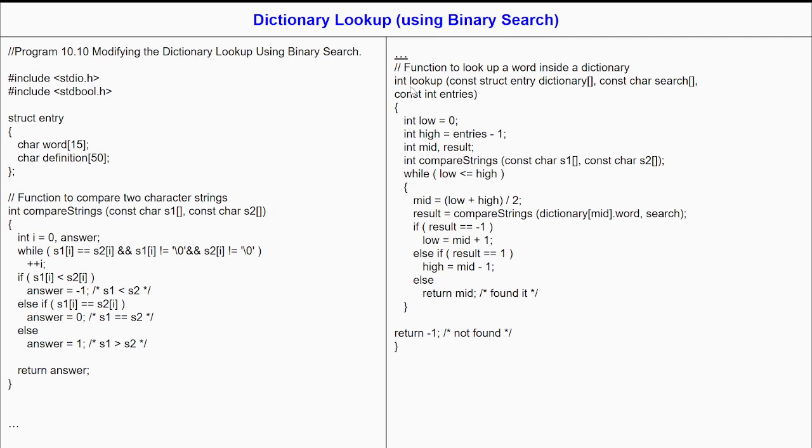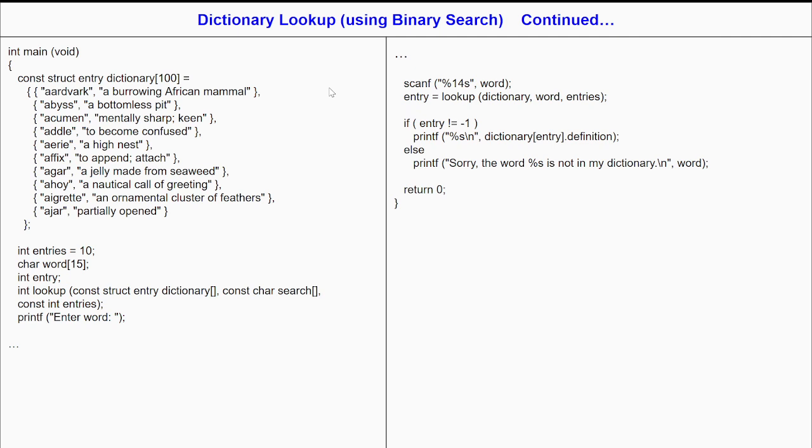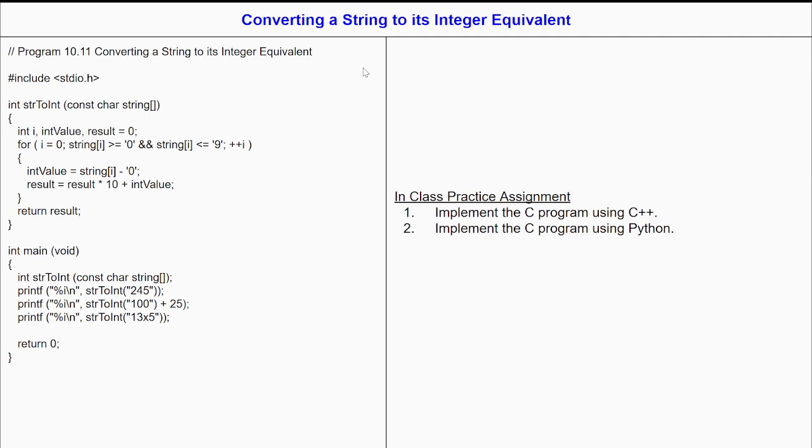And this is a binary search using a dictionary lookup. And again, the same example continued. And this is an example to convert a string into its integer equivalent.